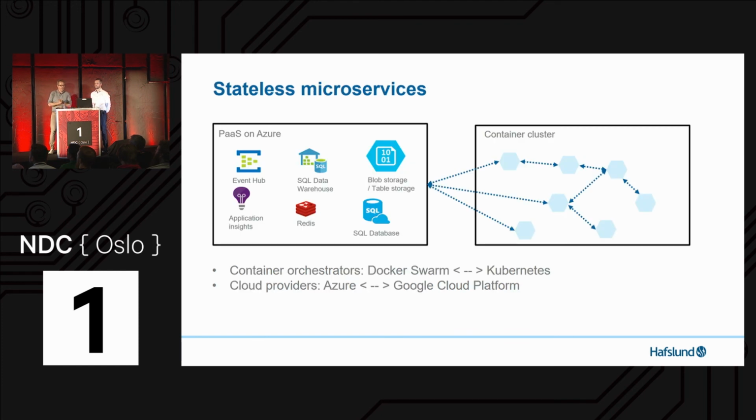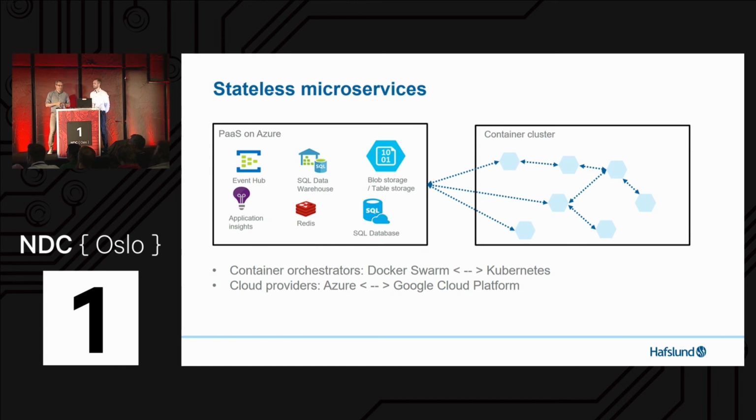Also mention, since we have this history of working on Azure, we know these platform as a service components on Azure. And we are already invested. So now when we started doing containers instead of old-fashioned cloud services, we are doing it in a stateless way.